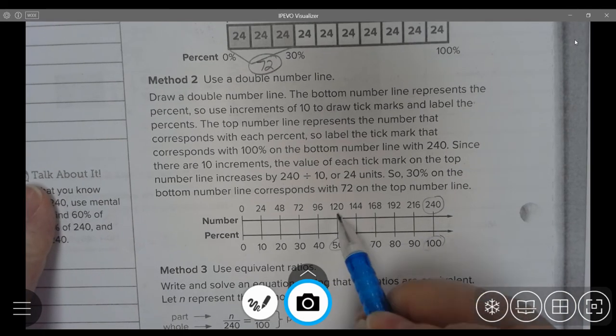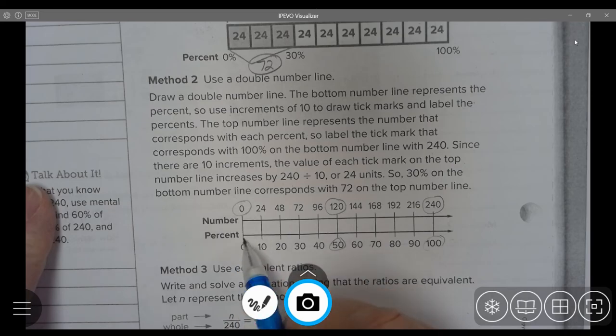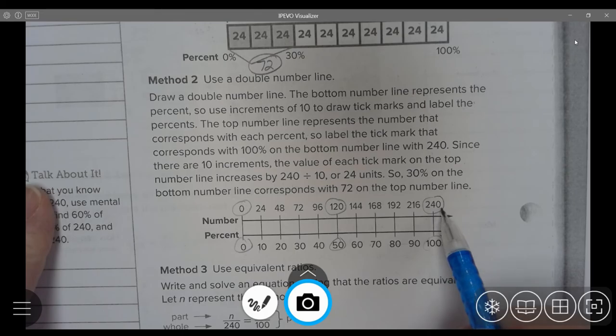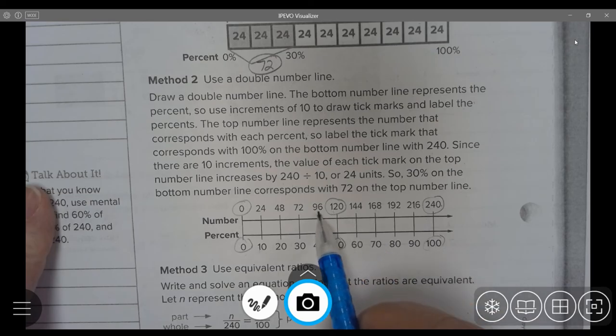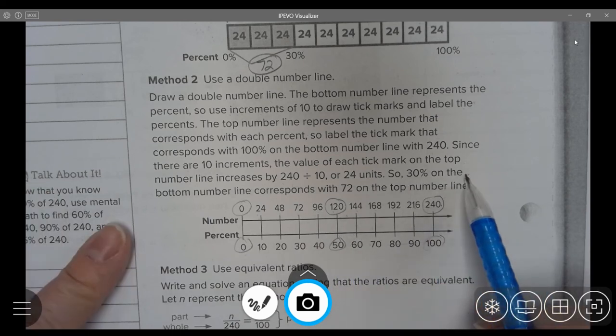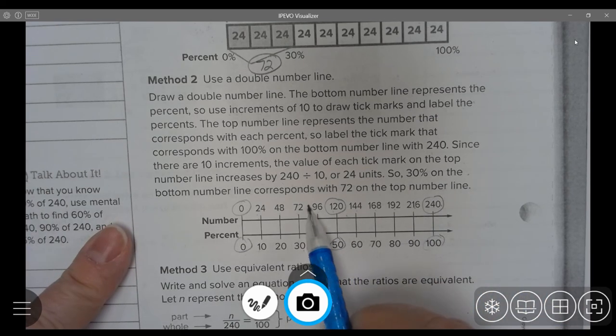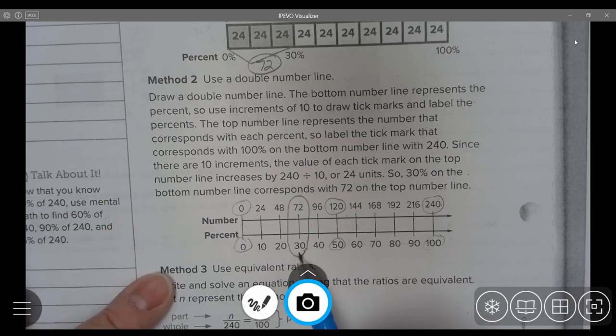If I have 50%, it's going to be 120. 0% is 0. But if we take the 240 and divide it by 10, it would give us the numbers in between each, and they would increase or decrease by 24. So 30% we would find here in the bottom. 30% would be 72, and it would correlate between the two.